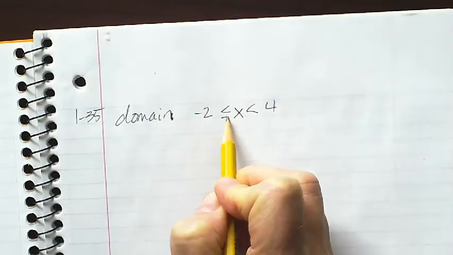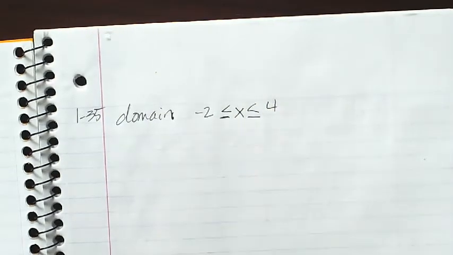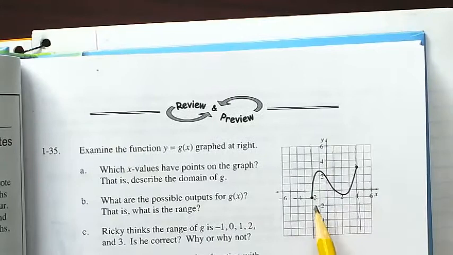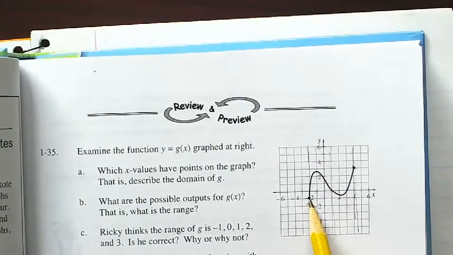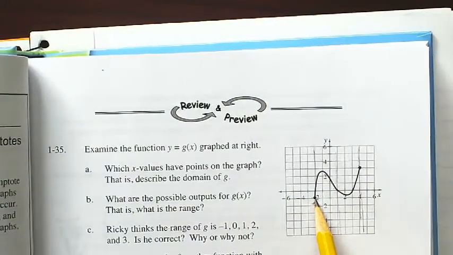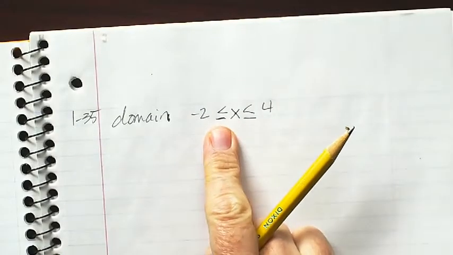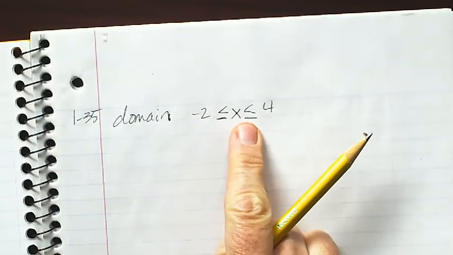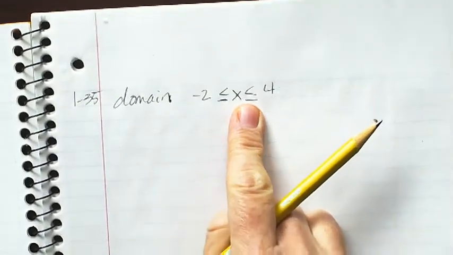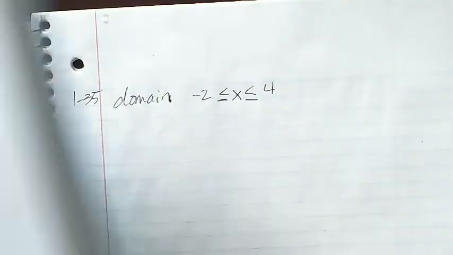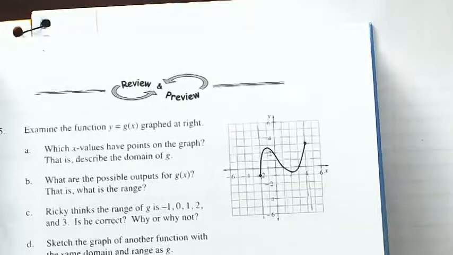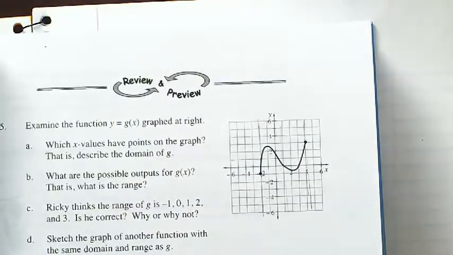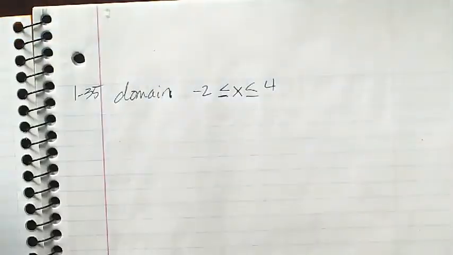and I'm going to put half an equal sign here, half an equal sign here because there is an answer at -2. It's not an open circle. If it was an open circle, I would put x is greater than -2. And if there were an open circle at 4, less than 4. But because there are two closed circles there, I'm putting less than or equal to, greater than or equal to.